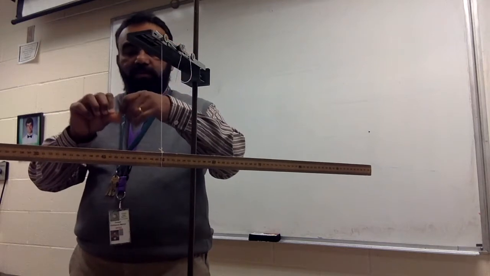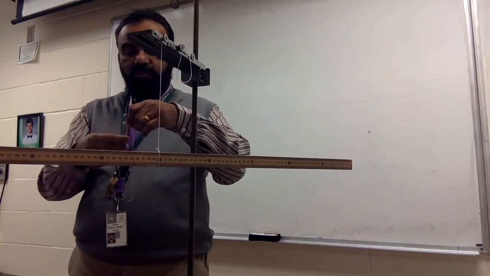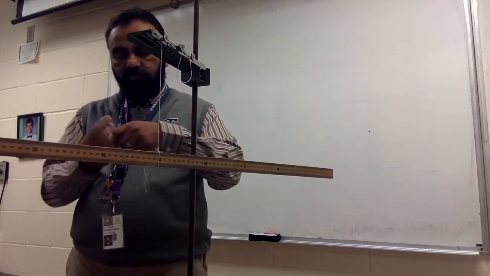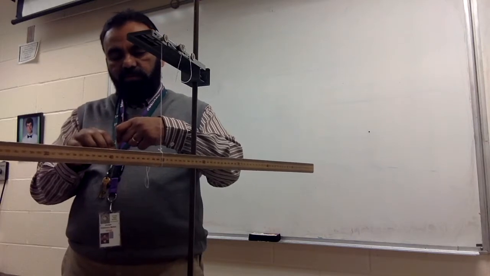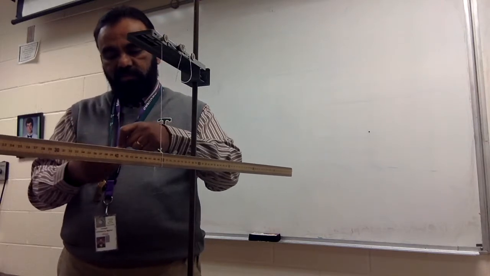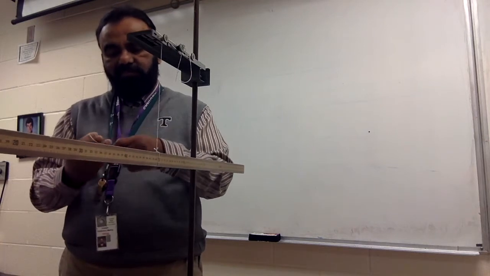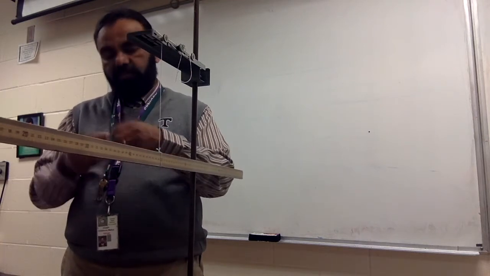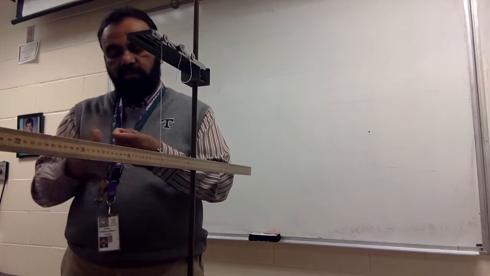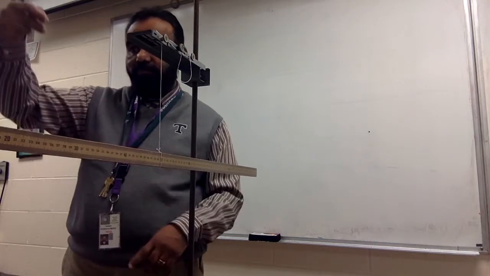Now you make the second part. You need to make 2 nodes on both sides of the string. All right, this is for the mass of a meter stick. So I have made 2 of them.